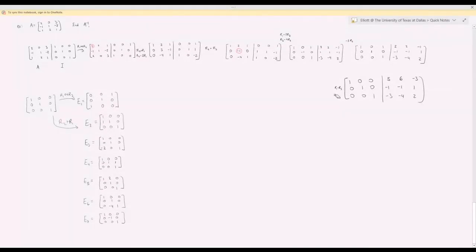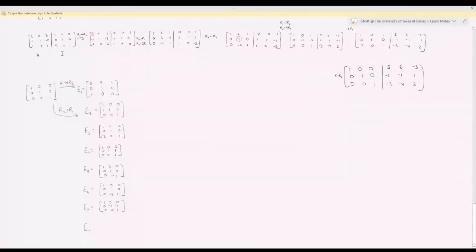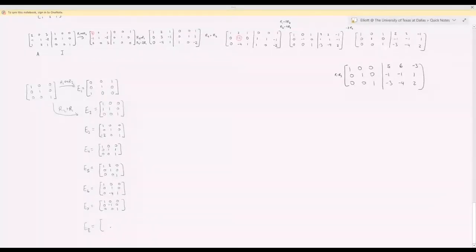And then the last operation we did was row 1 minus row 3, so that should put a -1 in the 1, 3 position, so row 1, column 3. All right, so these are the elementary matrices corresponding to all of our row operations.